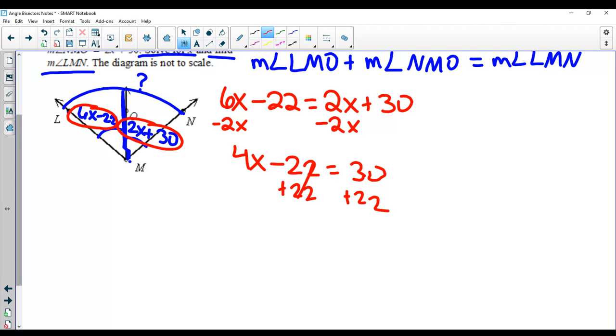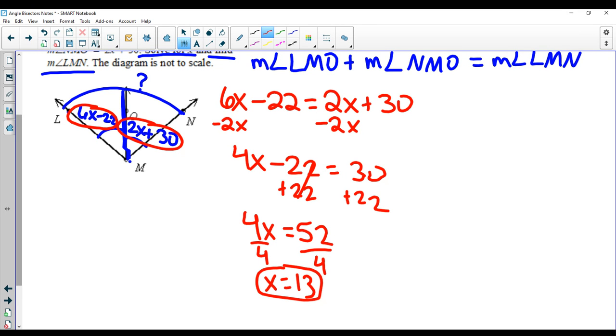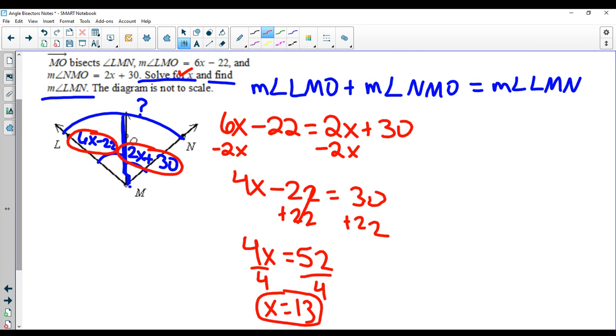Add the 22. 4x equals 52. Divide. X equals 13. Okay, so there is what x equals. Now, we've done this part.